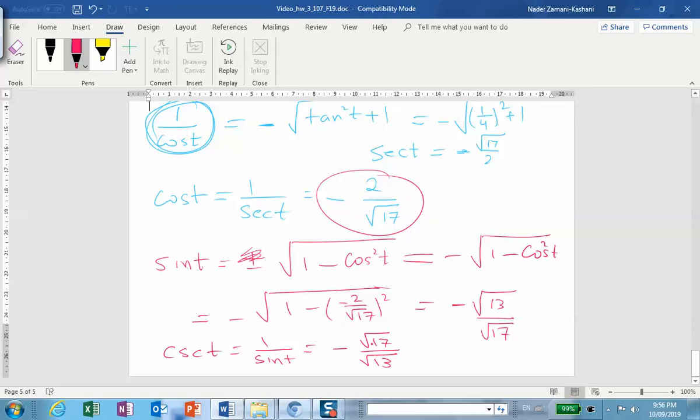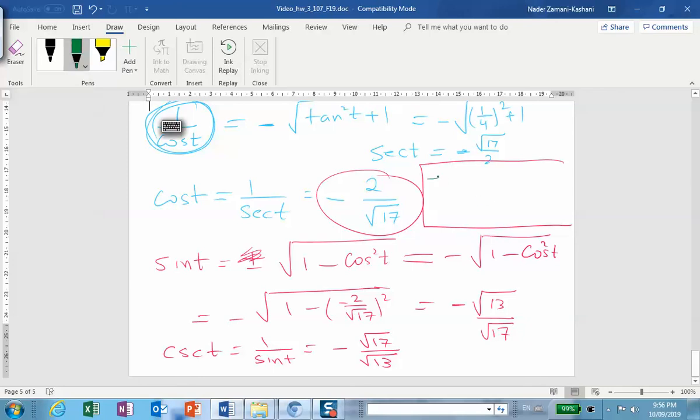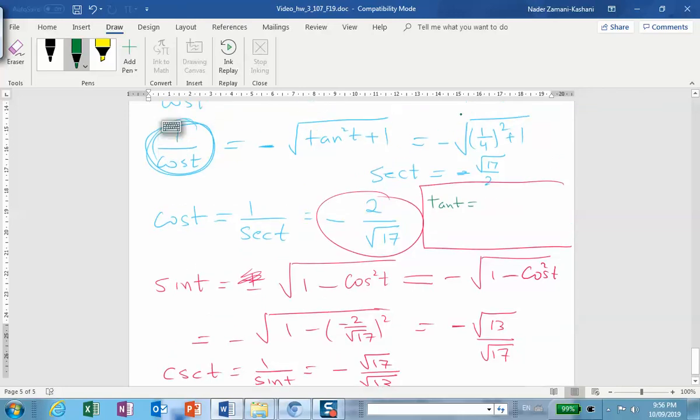The only thing that I have to do is tangent and cotangent here. Let me erase the stuff. Let me do it over here. Really sorry, but I don't have room, and this tablet is not very convenient for writing things like this. So tangent of t, oh, that was given. I think tangent of t was actually given, right?